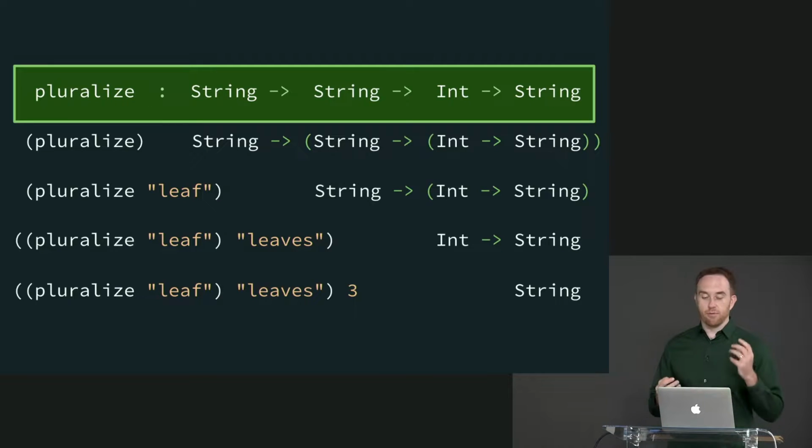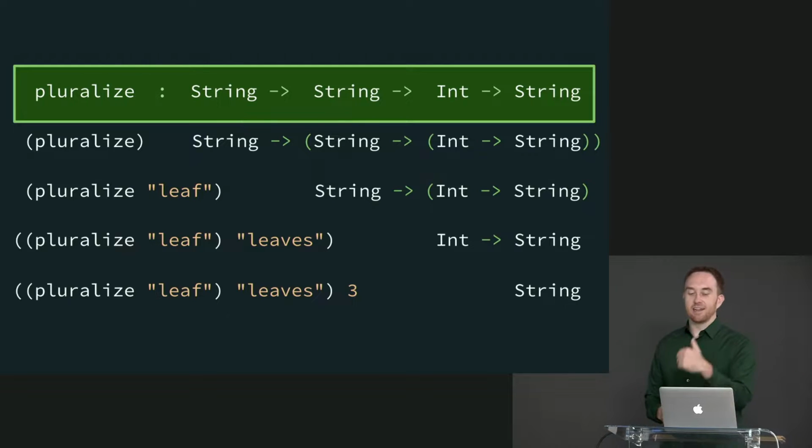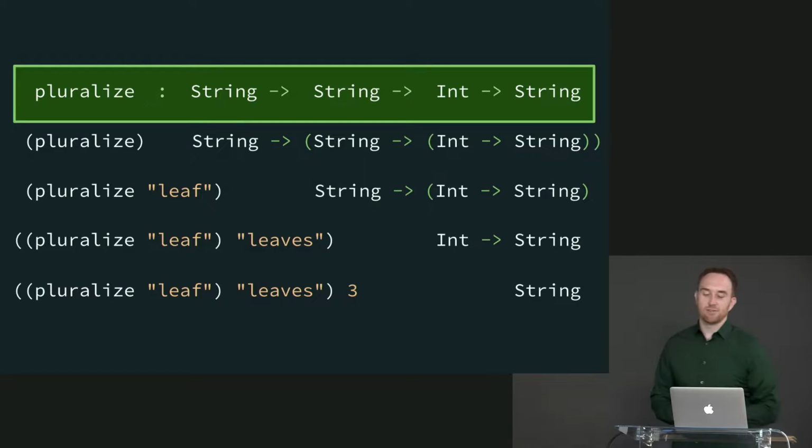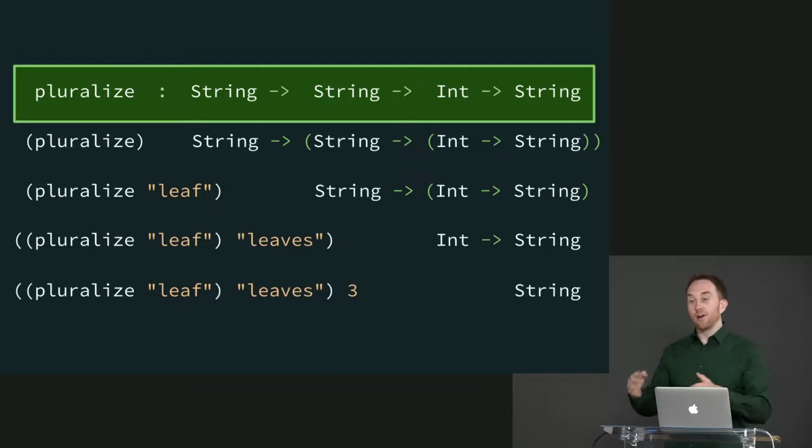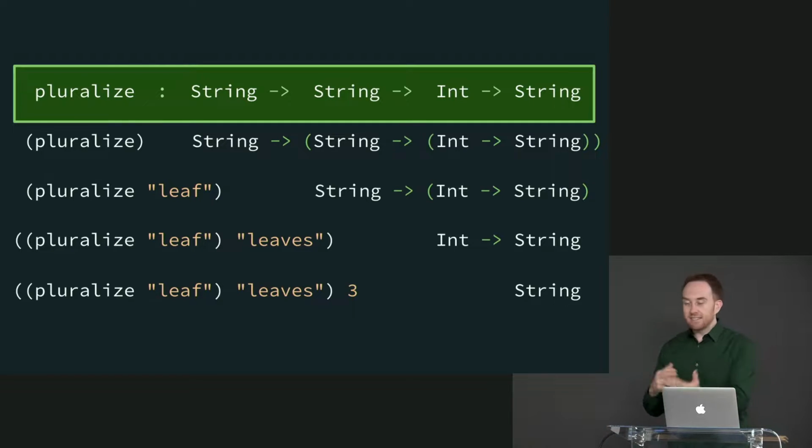It really is true that pluralize is a function that takes a string and returns a function that takes a string and returns a function that takes an int and returns a string. It's just that the way that Elm calls it, it's sort of masking that by making it look as if it's actually a function that requires 3 arguments and takes 3 arguments. But when we start to look at what happens when you partially apply it, we can kind of see the truth, which is that essentially every Elm function really only takes 1 argument.